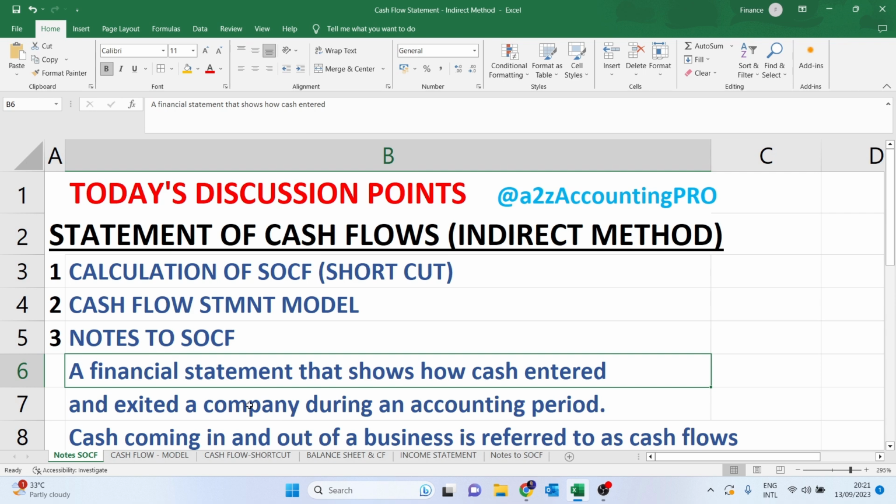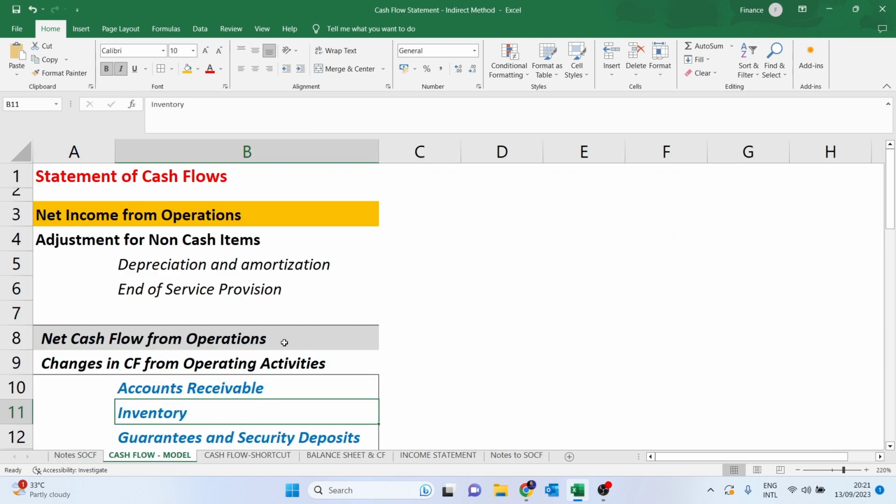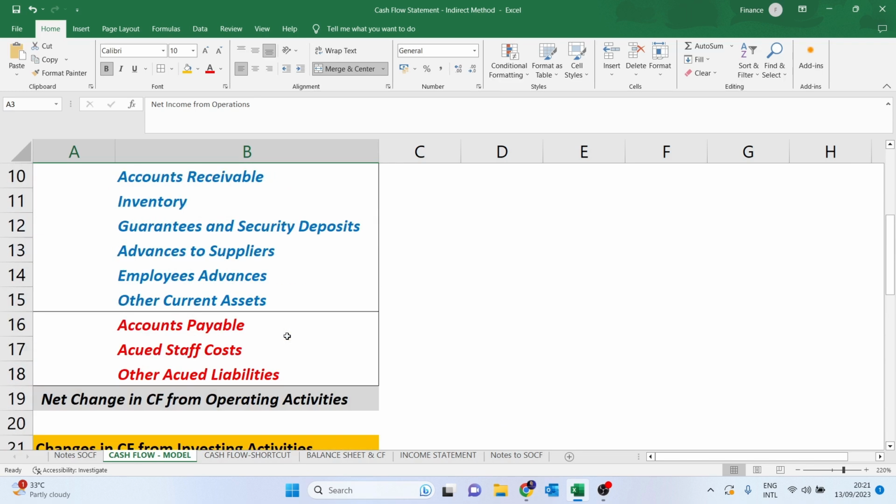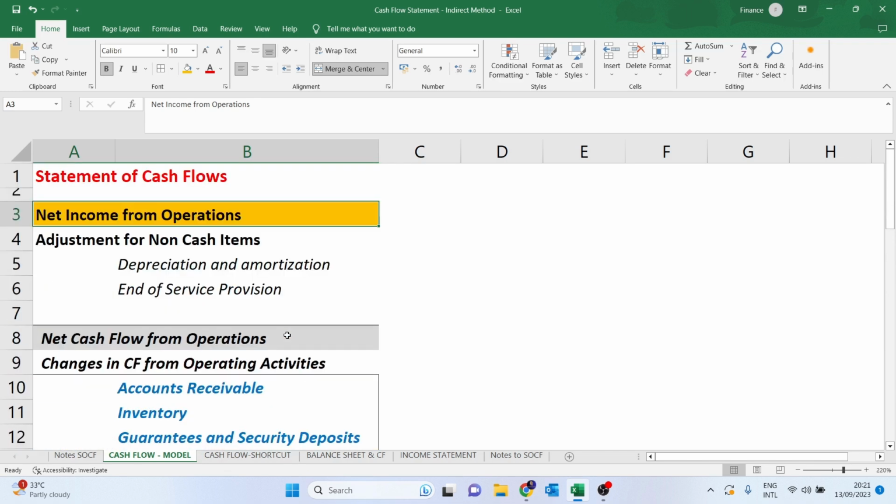So what is a statement of cash flow? Let us check a model. This is a typical model of the statement of cash flows. I have just written here the main headings, whatever is required to be disclosed during preparation of the statement of cash flows. First thing, under the indirect method, we start from net income.